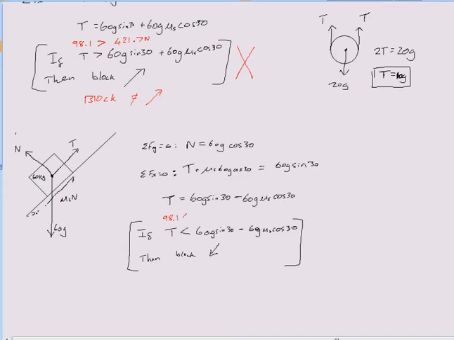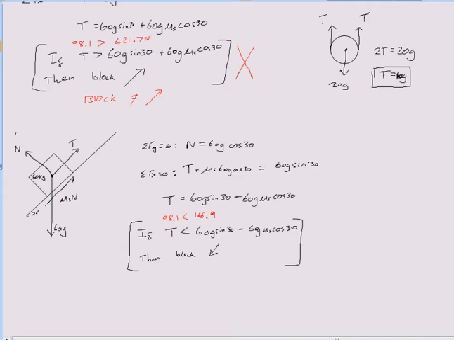And we're checking whether that's going to be less than 60 times 9.81 times sine 30 minus 60 times 9.81 times 0.25 times cosine of 30, which is going to be equal to 166.9. Actually, it should be 0.9, just to be accurate to one decimal place.